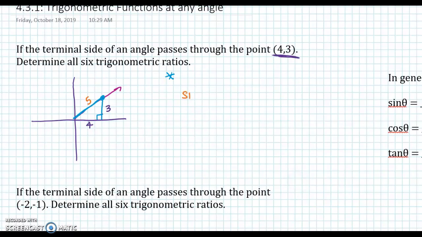And then we can go through and find the sine, the cosine, and the tangent of theta. And then we can just flip those fractions. So here's our theta. It's 3 over 5 for sine. Cosine is 4 over 5. And then tangent is 3 over 4.